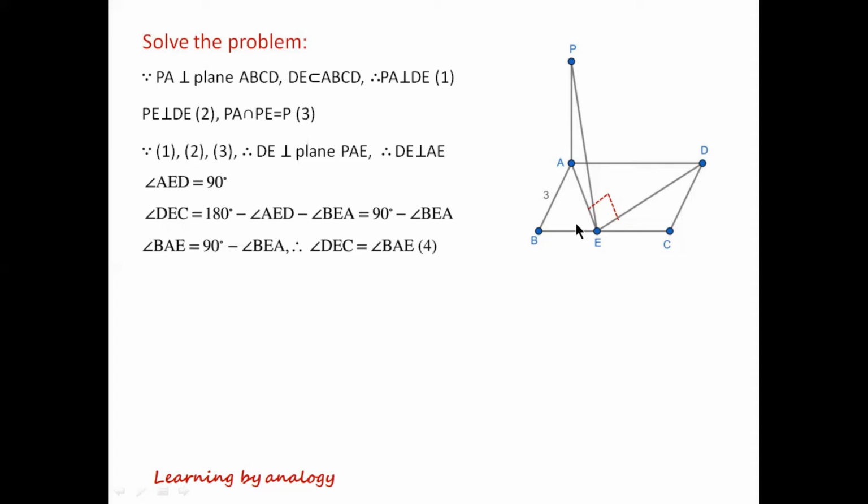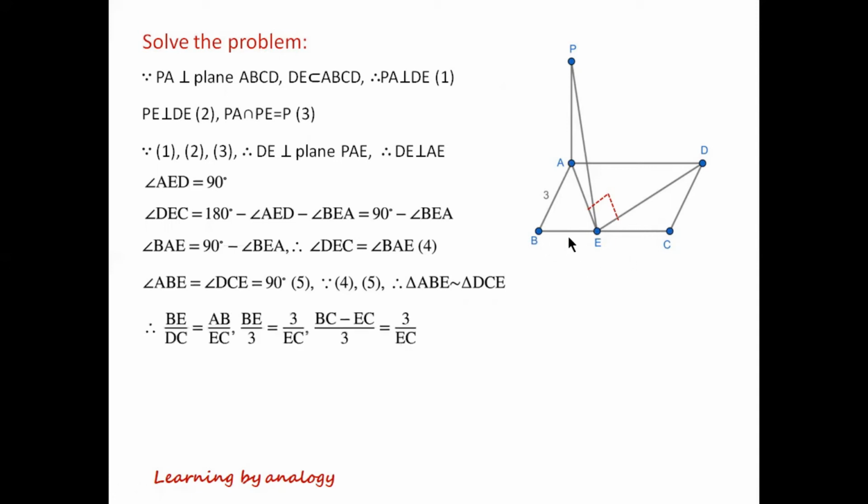So angle DEC equals angle BAE. Angle ABE equals angle DCE equals 90 degrees. Because of 4, 5, triangle ABE is similar to triangle DCE.